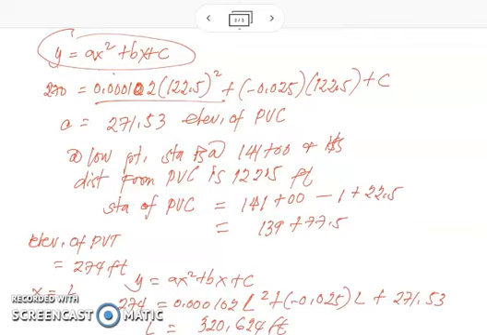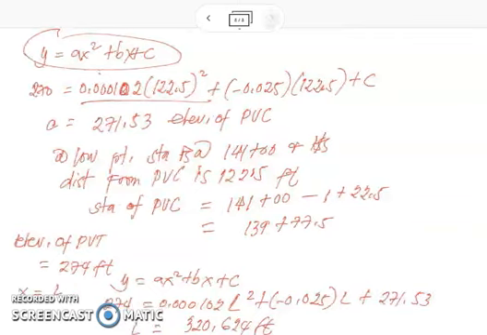So now we can have the station at PVI. The station of PVI will be equivalent to the station of PVC plus L over 2.